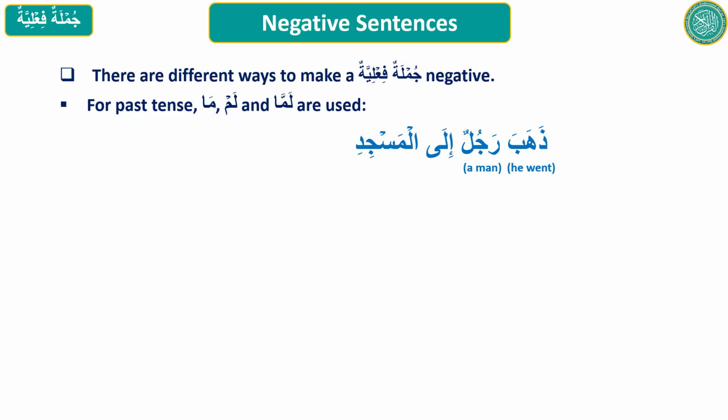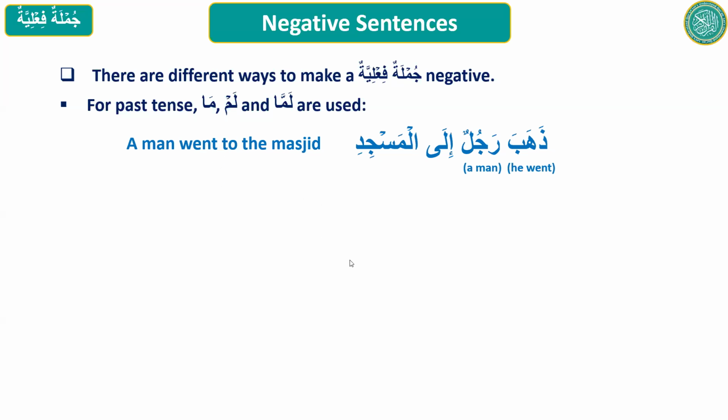The Rajulun replaced the inside he, and Rajulun is the outside doer. So a man went towards the masjid, or we can say to the masjid. To the masjid is the better English translation of this. All right. A man went to the masjid. This is a past tense jumla fi'liya.